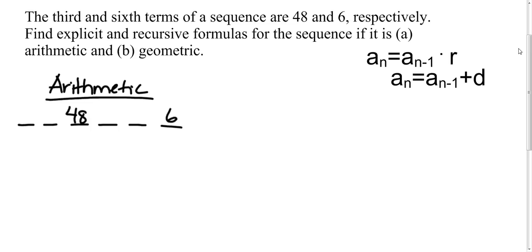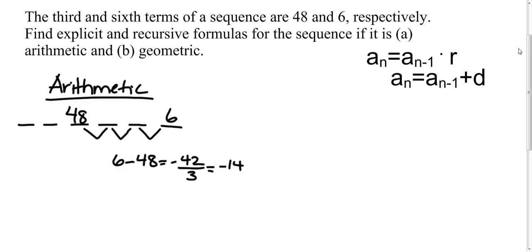Clearly, I'm going to subtract in this case because I'm going from a bigger number, 48, to a smaller number, 6. You have 1, 2, 3 differences. You're going from 48 to 6, so do 6 minus 48, the second number minus the first, and I get negative 42. That has to be split amongst 3 differences, which makes my common difference negative 14.